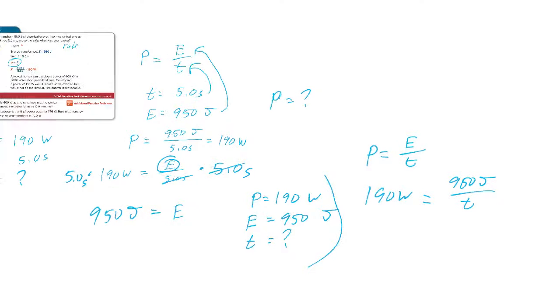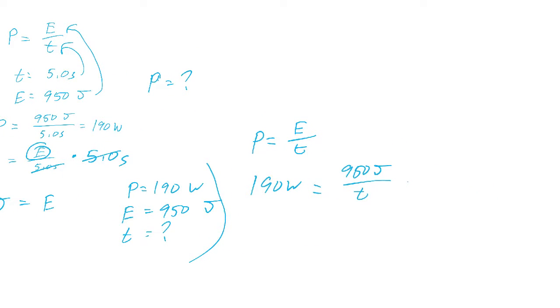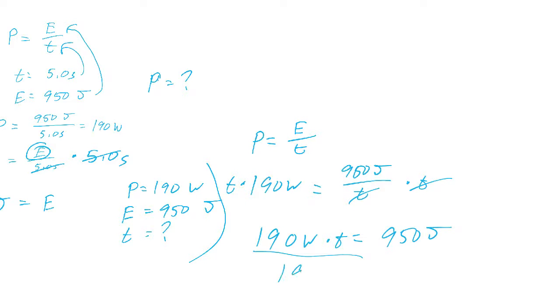Now, to work this out, we have to multiply both sides by T. So then we get 190 watts times T equals 950 joules. Then divide both sides by 190. This cancels out, you're left with T. And then T, if you take 950 divided by 190, you should get 5 seconds.